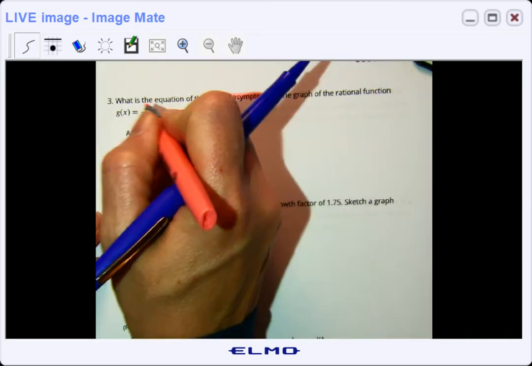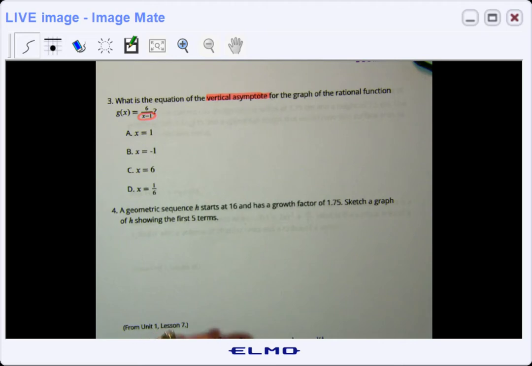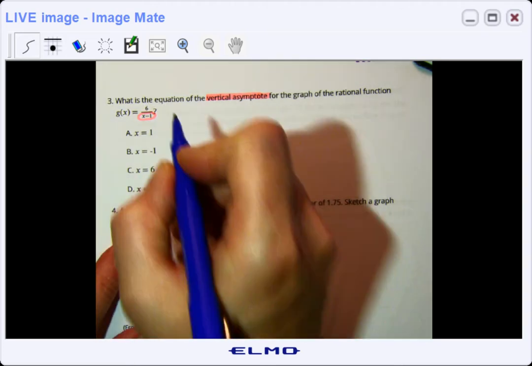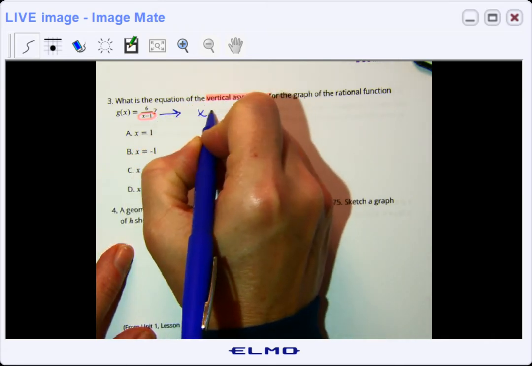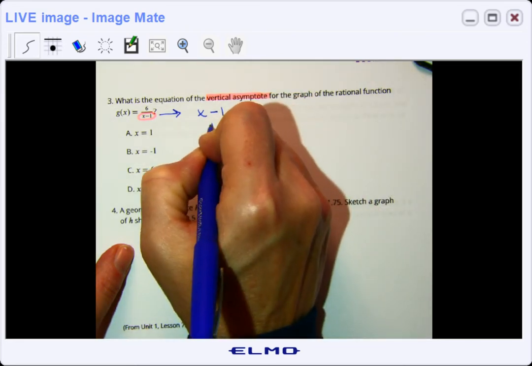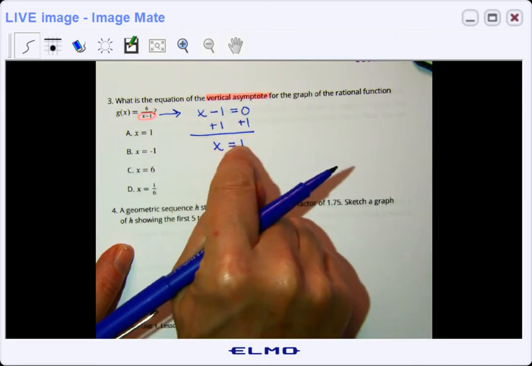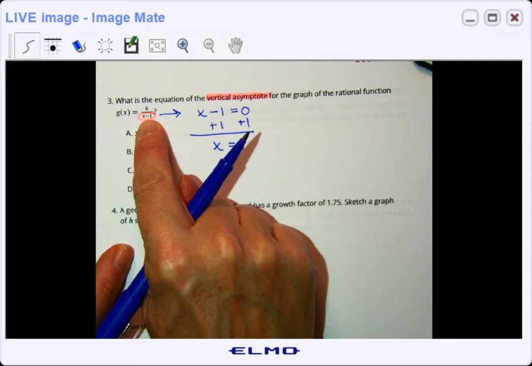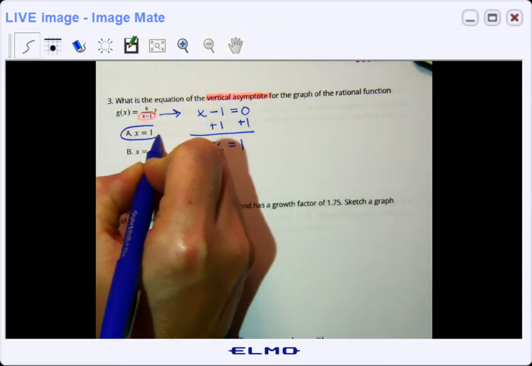And a rational function will be undefined for any value of x, which will make the denominator of a fraction equal to 0. So we can take the x minus 1 and say, well, what makes x minus 1 equal to 0? Well, x equals 1 would make that equal to 0, so the function would be undefined there, creating this vertical asymptote. So it is answer choice A.